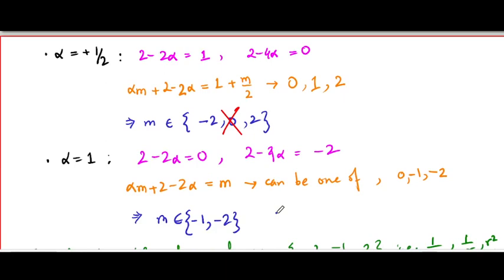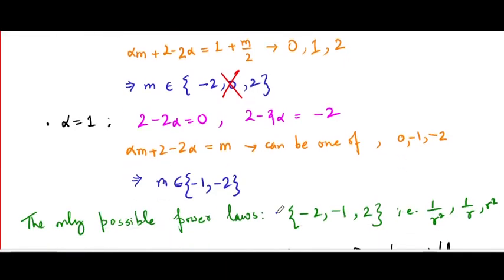So finally, the upshot of all this is, if we allow all of these possible substitutions, the only possible power law potentials for which you get sines and cosines in the solution of the integral are powers of minus 2, minus 1 and 2. That is terms like 1 by r square, 1 by r and r square.